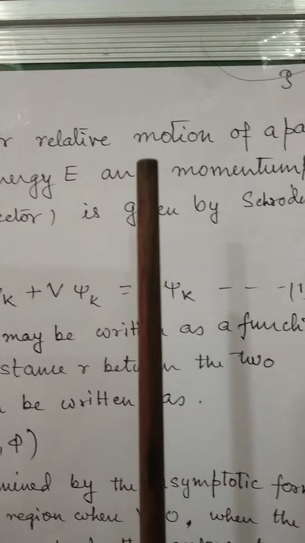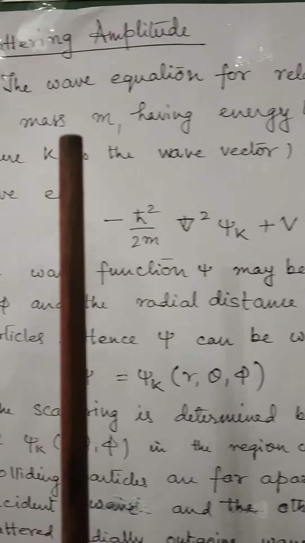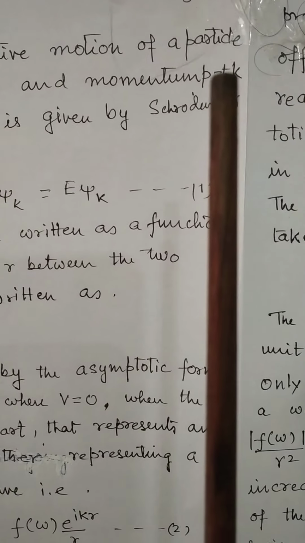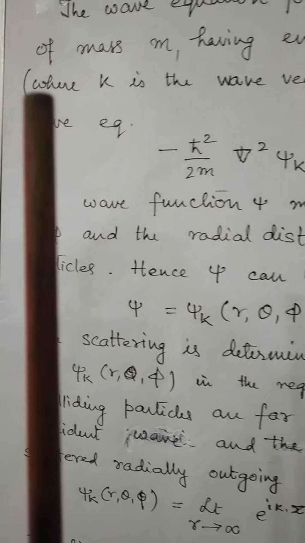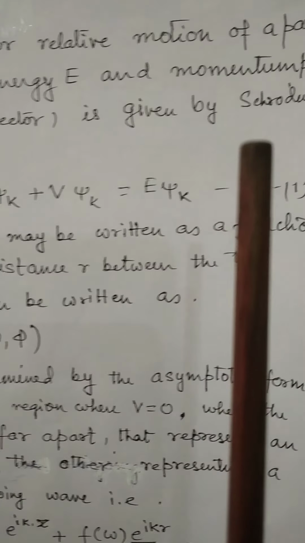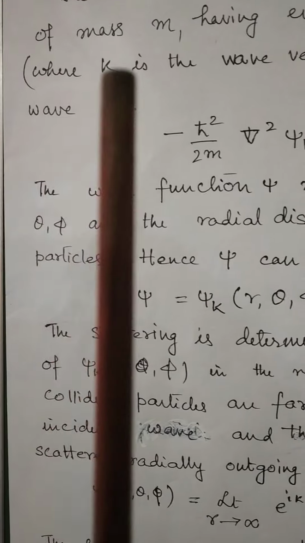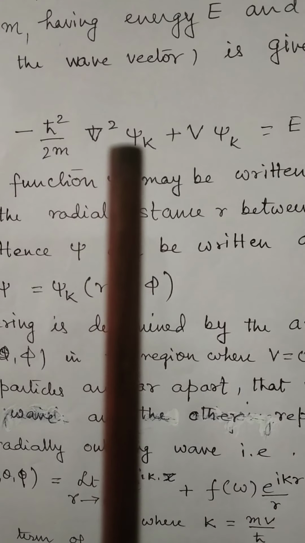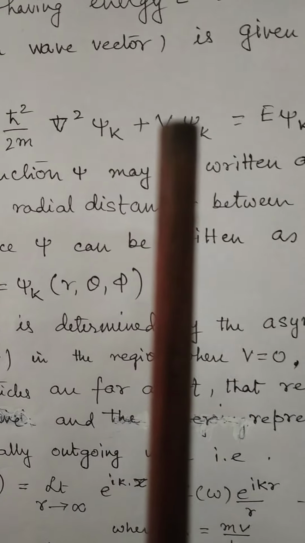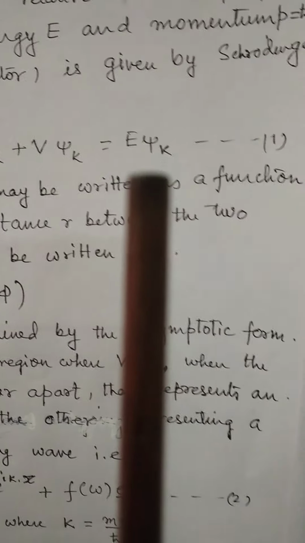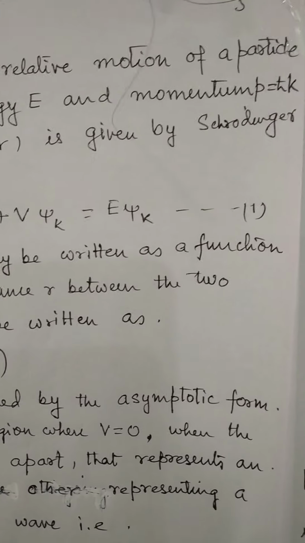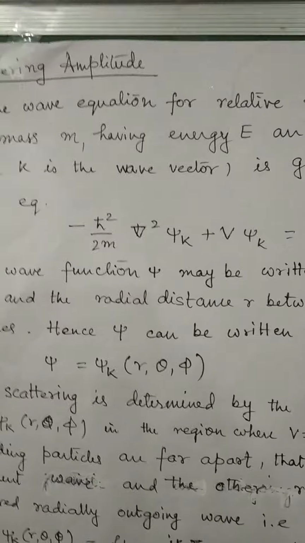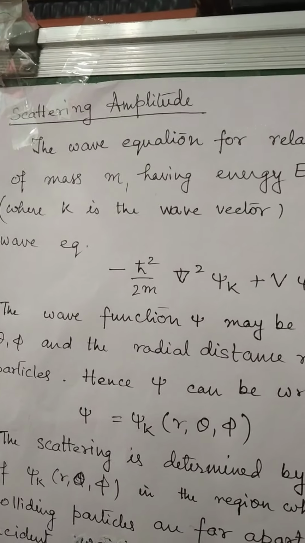The wave equation for relative motion of a particle of mass m having energy capital E and momentum p equal to h cross k, where k is the wave vector, is given by the Schrödinger wave equation, that is minus h cross square by twice m del 2 psi k plus V psi k equal to E psi k, which is equation number 1.